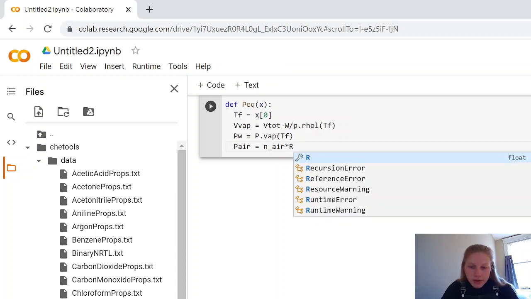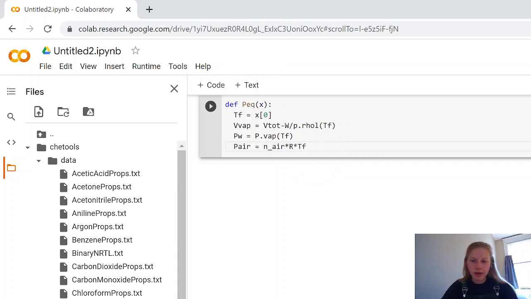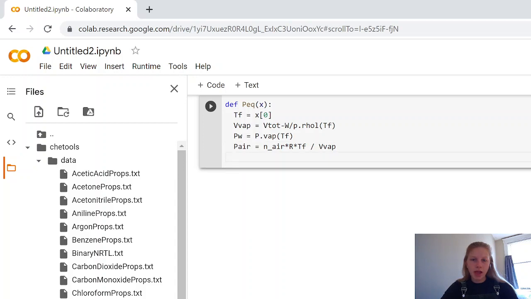So R times, but we want the final temperature this time, which is what we're trying to solve for, divided by the volume in the vapor phase. And then lastly, we just want it to return the sum of the partial pressures, which is what should go to 0.